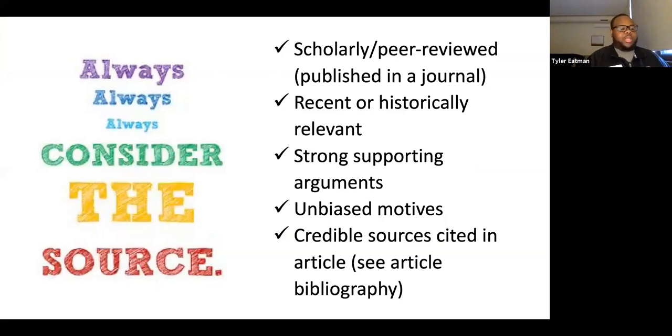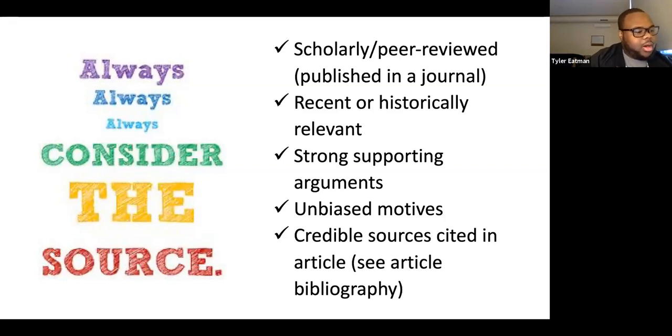So when we're thinking about our sources, always make sure that they're scholarly, peer reviewed, and published in a journal or in any type of academic media. Recent or historical relevance to your topic.